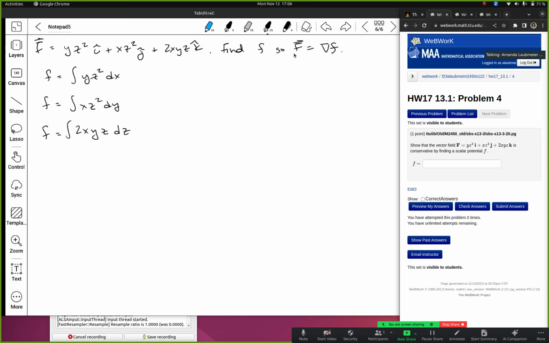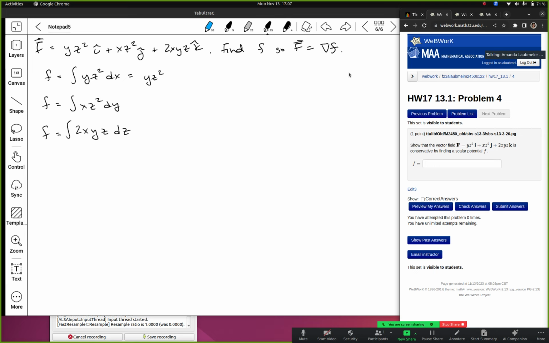So if I'm given big F, I go ahead and integrate it so that I end up with little f. I'm skipping some steps here that I would have shown in the lecture videos, but this is kind of how you sit down and do the problem itself. So, integrating yz squared with respect to x.